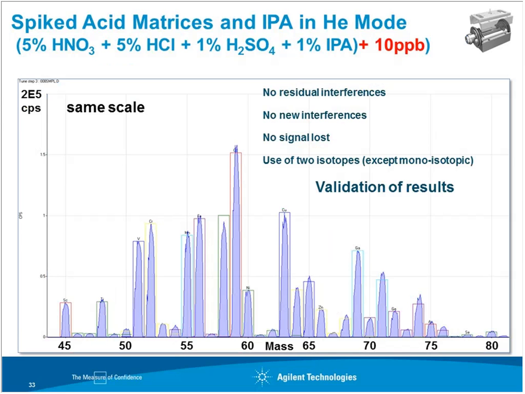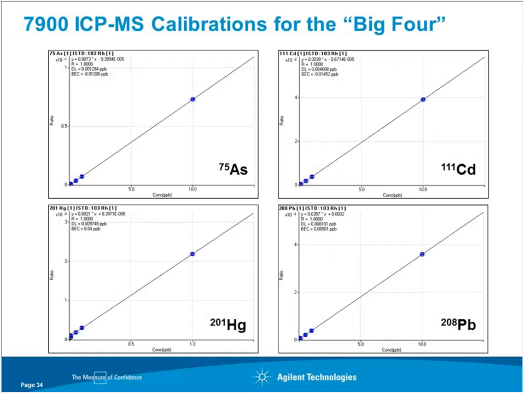So we can see there's no residual interferences. The isotope patterns match. There's no signal lost. And by doing this, having a clean spectrum, we can also have qualifier isotopes or qualifier ions. So you can look at secondary isotopes to help confirm your results. The reason we can do that is because you now have a clean spectrum.